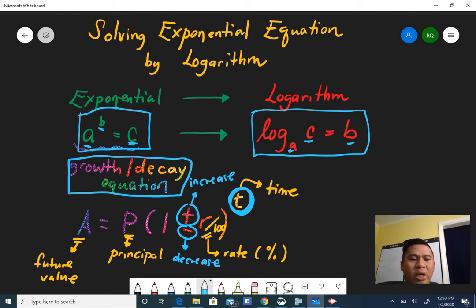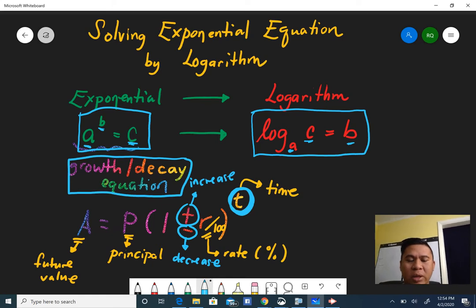Once again, our A is usually our future or present value. Our P is our principal or initial value. It's a plus if it's an increase or growth, minus if it's a decrease or decay. R is the percent rate, and t is always the time, whether in years, seconds, minutes, hours, and so on. And again, the r is always divided by 100 to convert the percentage rate into its decimal value.